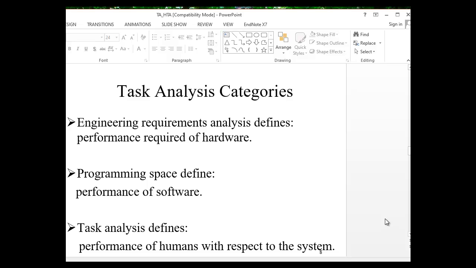Okay, so these are the three task analysis categories: engineering requirements, hardware related; programming aspects are space defined, software related; and the last one is task analysis. This is purely related to human, because human is the main, centralized solution for the problem, who will analyze and follow a way, choosing a methodology to solve a problem.